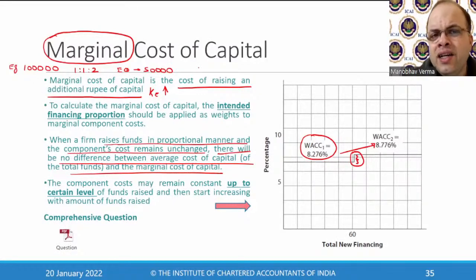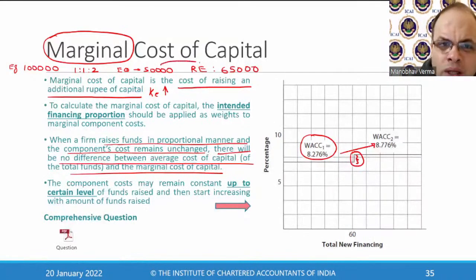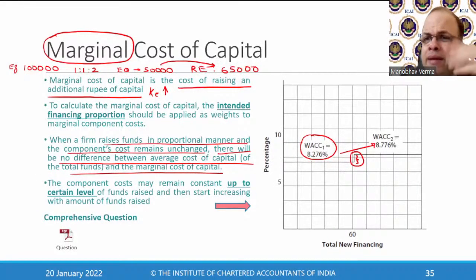And let's say there are retained earnings already there, which is 65,000. So you know that probably you could take 50,000 from retained earnings. You don't need additional cost here. Fresh equity is not required. You expand in a pre-decided proportionate manner, and the individual cost components remain the same.